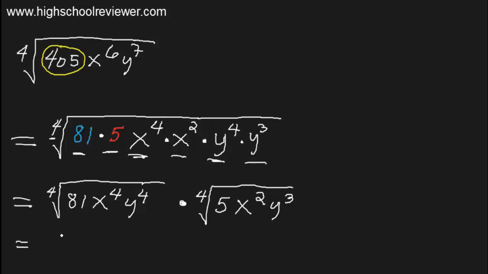The fourth root of 81 is 3. The fourth root of x raised to 4 is x. The fourth root of y raised to 4 is y. And then multiply this by the fourth root. Now we cannot simplify this anymore, so we will just copy 5x squared y cubed. So therefore, 3xy times the fourth root of 5x squared y cubed is our final answer.